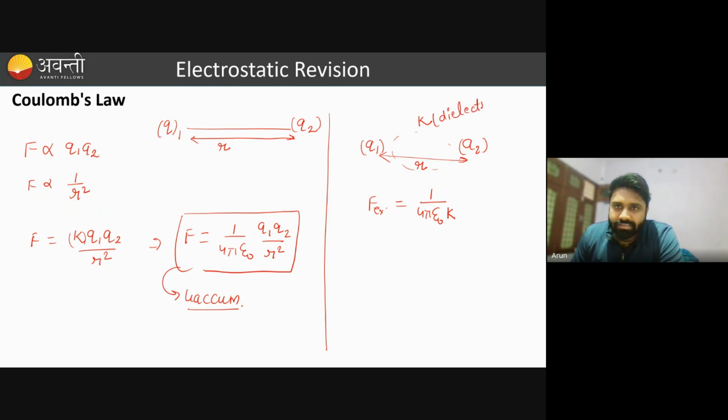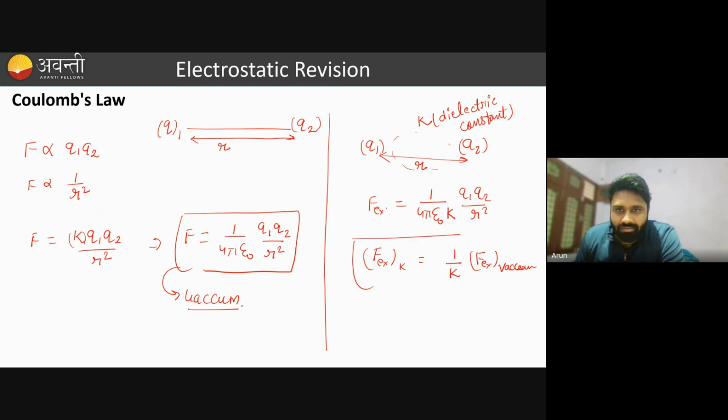So F = 1 upon 4 pi epsilon naught k into q1 q2 by r square. You can see that the force experienced in a medium of dielectric constant k is 1 by k times the force experienced in vacuum. Try to remember this.